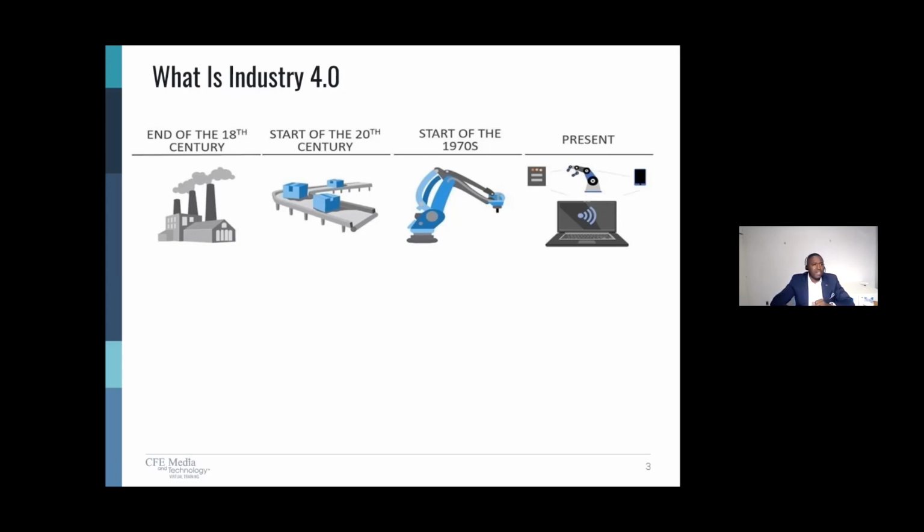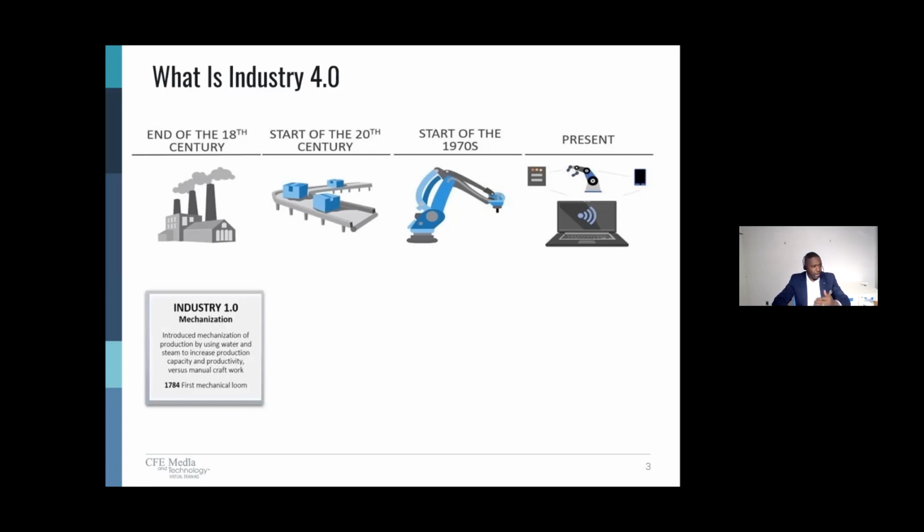This first slide that we're going to look at here really will help us to understand Industry 4.0. So let's just start at the foundation, and then we'll work our way up, just so we're all on the same page mentally here. So the first industrial revolution, we would call it Industry 1.0. That first industrial revolution moved society from manual to mechanical by harnessing steam and water power, replacing raw muscle and strenuous craftsmanship. This marked the end of the 18th century.